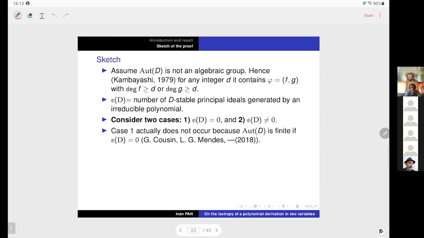It is a consequence of a result by Gael Cousin, Luis Gustavo Mendes, and myself, in which, in this paper, we studied the birational symmetries of a foliation, and this works in the complex case. But one may generalize the situation in the case of derivations to prove that in fact the isotropy is finite, even in the case where the field is arbitrary.